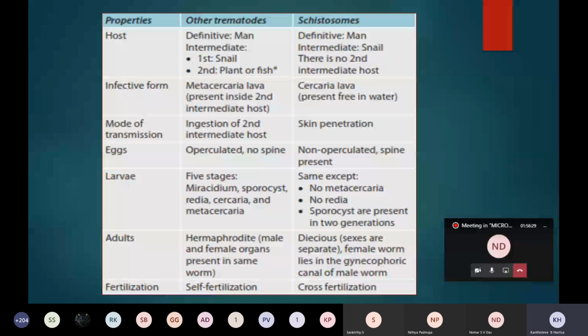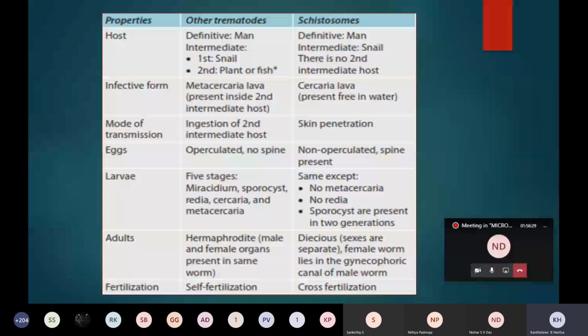Adult worms are hermaphrodites, that is male and female organs are present in the same worm, whereas in schistosomes they are dioecious, sexes are separate. The female worm lies in the gynecophoric canal of the male worm.